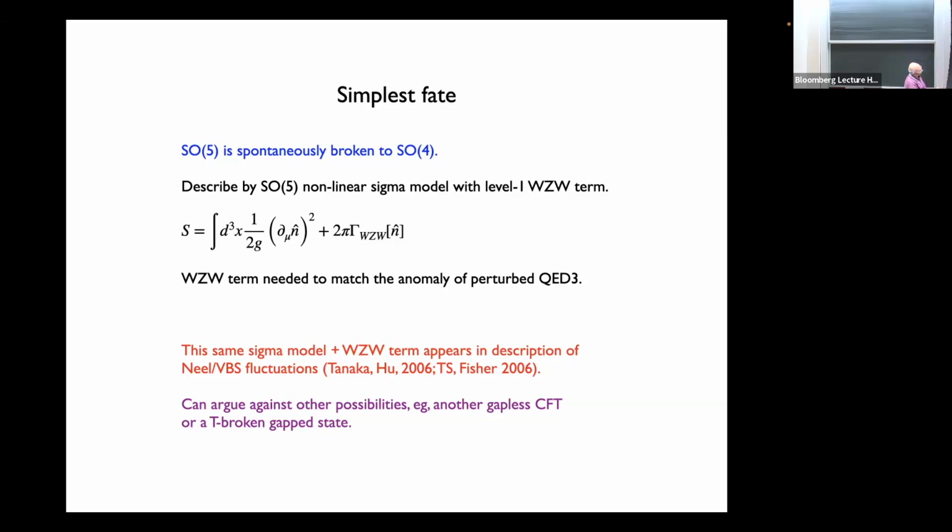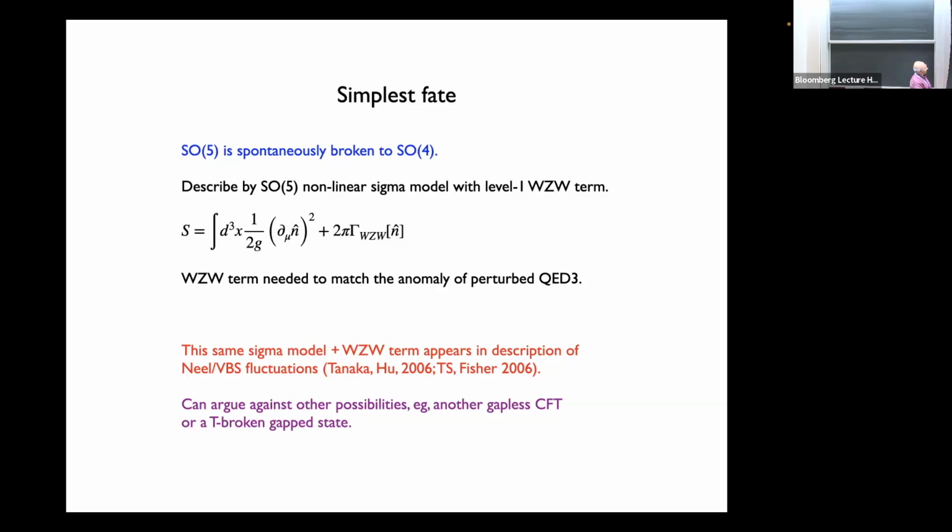So this sigma model together with this Witten term has the right anomaly, the SO5 and time reversal anomaly, to match the perturbed QED3 theory. So this is a candidate theory that works as a good long distance description of what will happen.